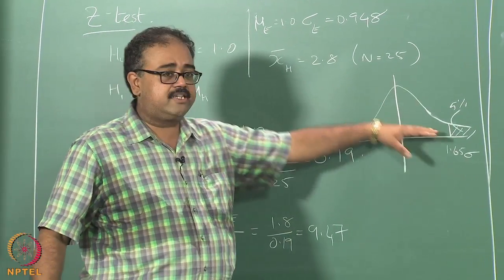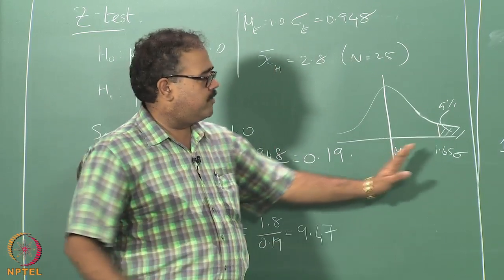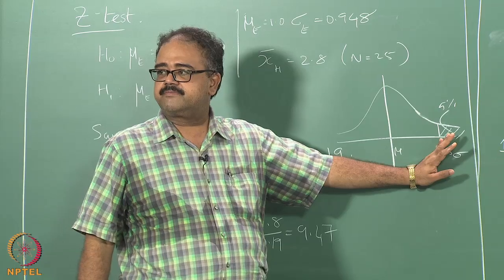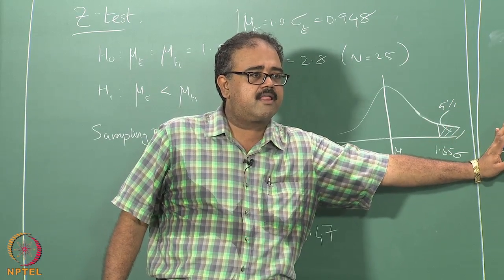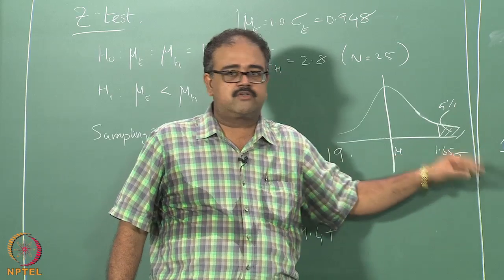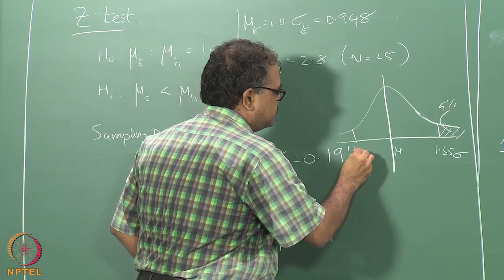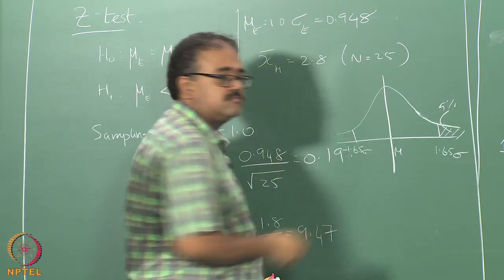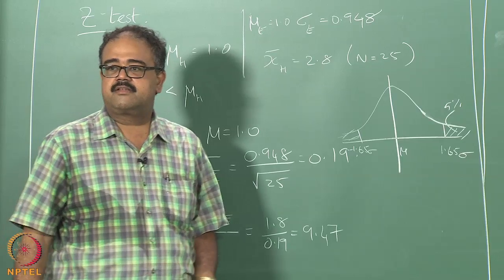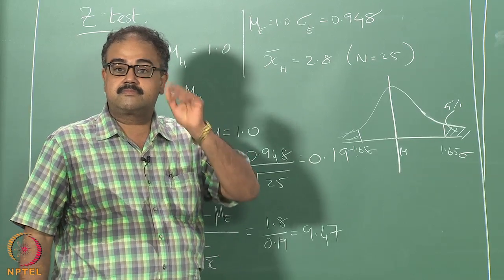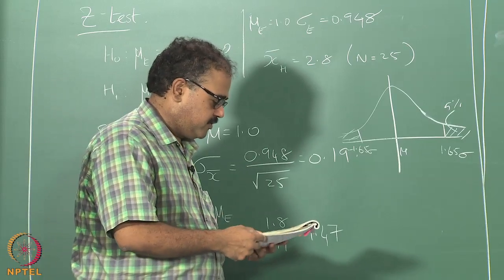If you take the Gaussian, take this as the mean, take 1.65 sigma above the mean, the area under the curve to the right of that is 5% of the total area, right. Likewise, the area here is 5%, right. So any of the numbers we need to know?